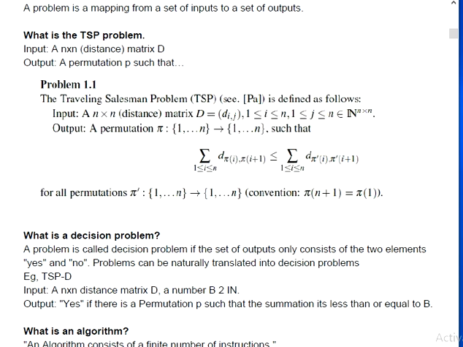In that case, we can say that TSPD is NP complete because we can polynomially reduce TSP to TSPD.